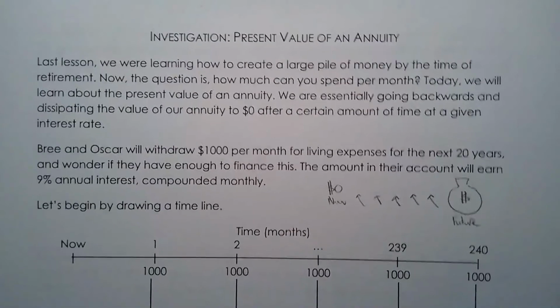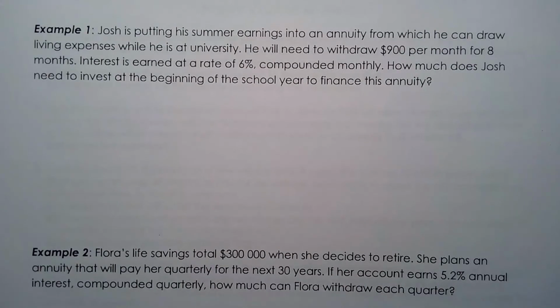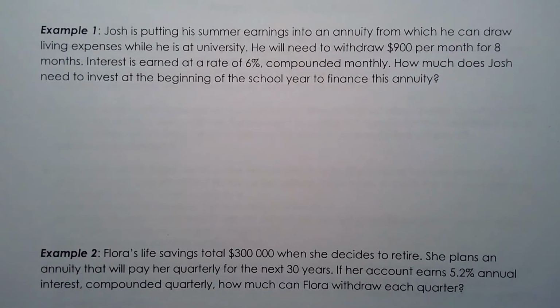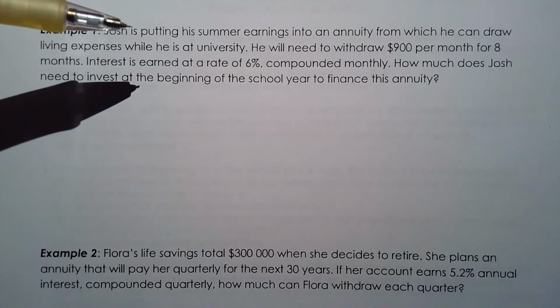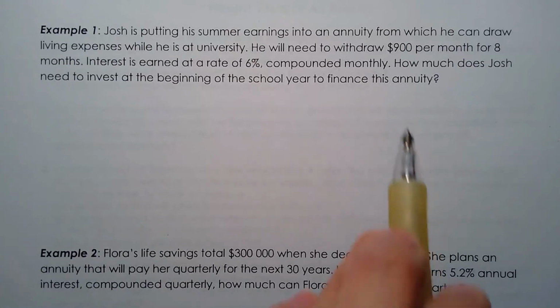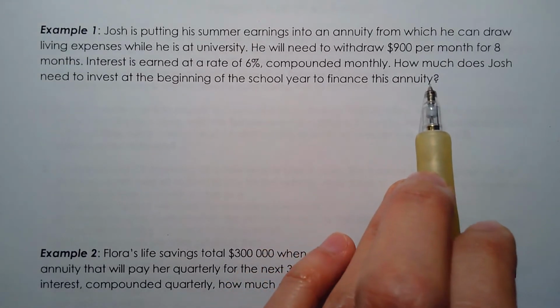All right, let's do some practice examples. Josh is putting his summer earnings into an annuity from which he can withdraw living expenses while he is at university. He needs $900 per month for 8 months. So the good news is he doesn't need $7,200.